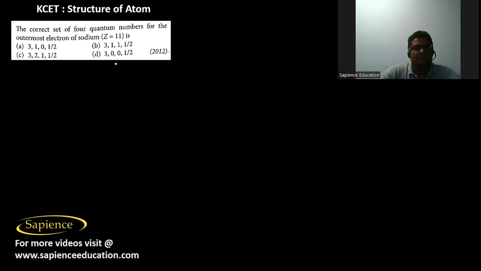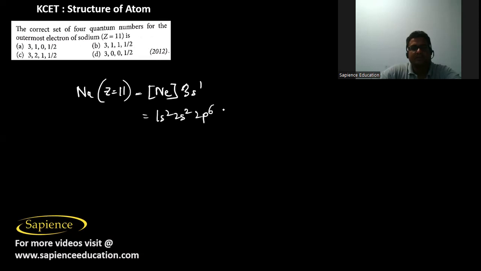Then here it is told: the correct set of 4 quantum numbers for the outermost electron of sodium is. For sodium, the atomic number is 11. Its electronic configuration will be neon 3s1, or I can say 1s2, 2s2, 2p6, and then 3s1.